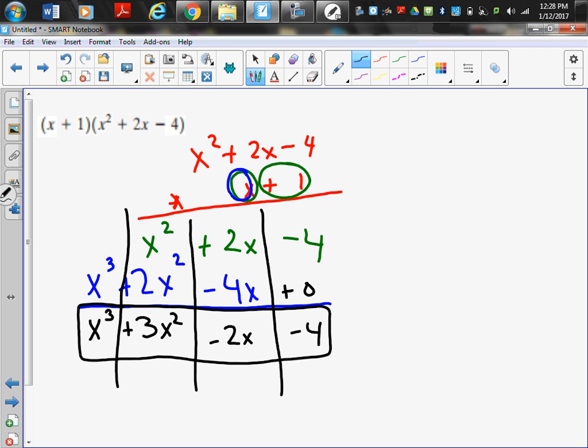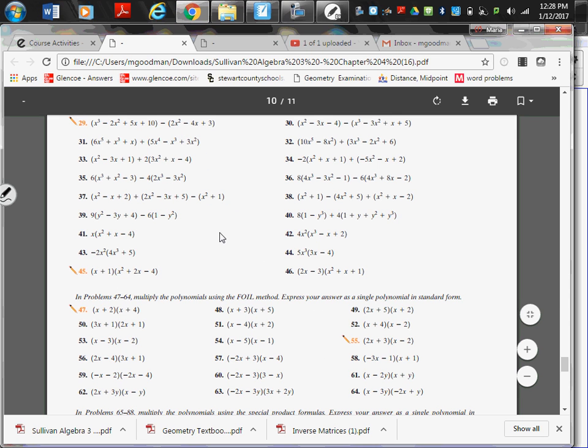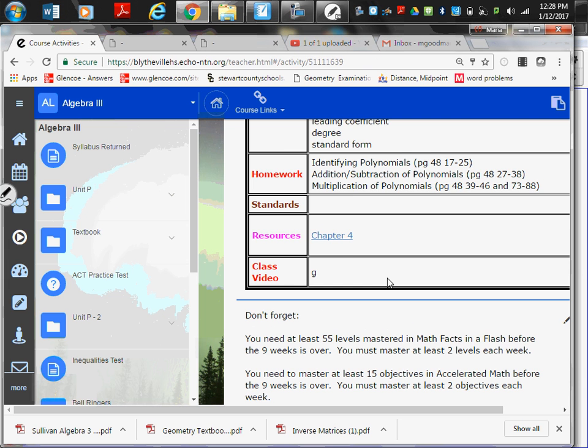Alright, any other questions? No questions? Alright. So some of you may have to go back and do some rework on that 17 through 25, if you've started that. Some of you may not have started it. On that part, it's asking you, is it a polynomial?